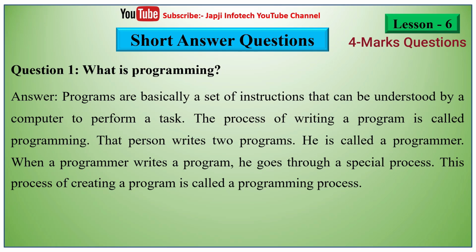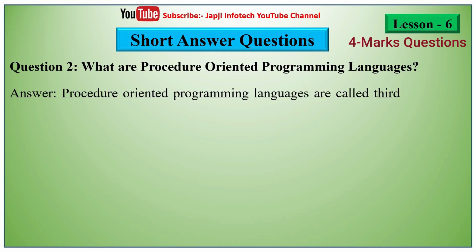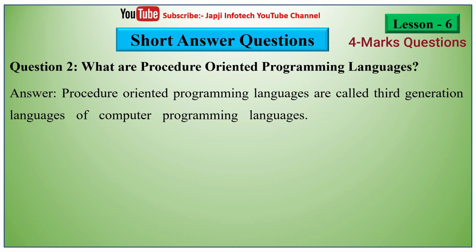When a programmer writes a program, he goes through a special process. This process of creating a program is called the programming process. And second one is, what are procedure-oriented programming languages? Procedure-oriented programming languages are called third generation languages of computer programming languages.